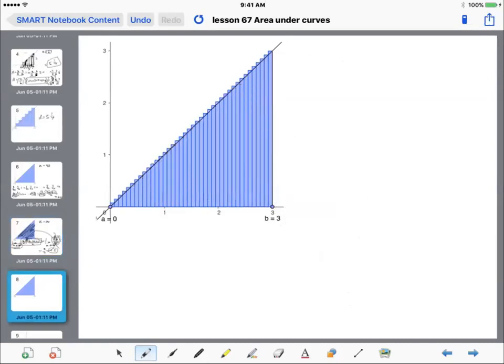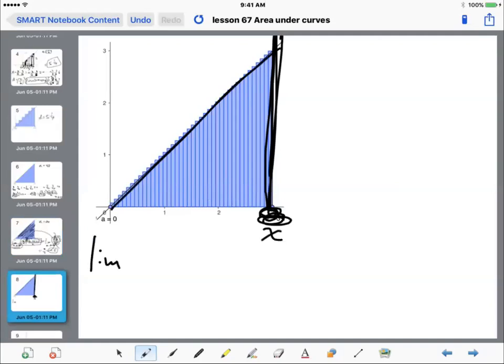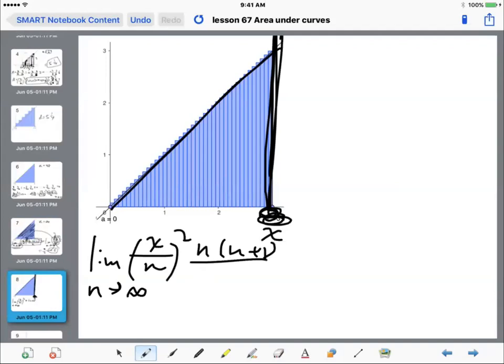And just to go one step further, what if instead of calling the rightmost point of the boundary here a number, I just left that as an x? Well, then it would become the limit as n goes to infinity, where n is still the number of rectangles, of x over n squared times n times n plus 1 over 2.